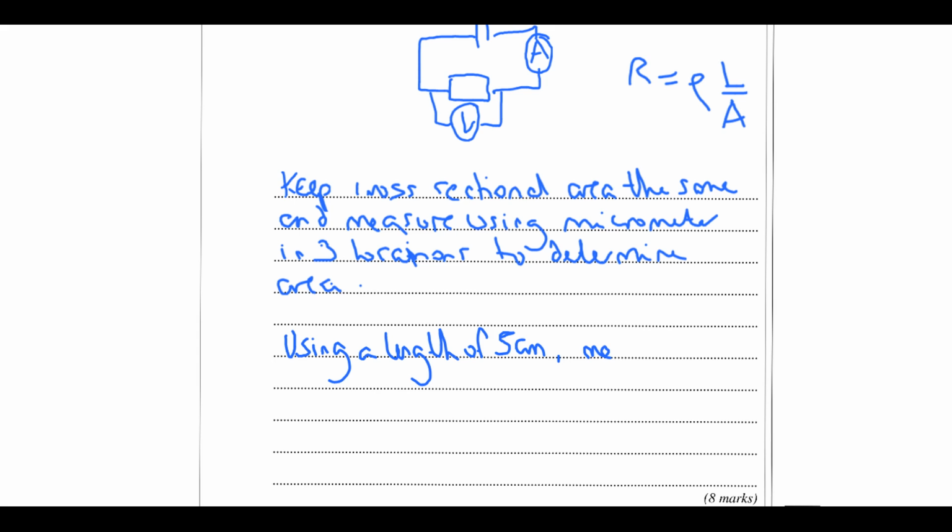We're going to measure V and I, and then get the resistance for that length using V over I, and we're going to repeat to get an average resistance. So that's one measurement.